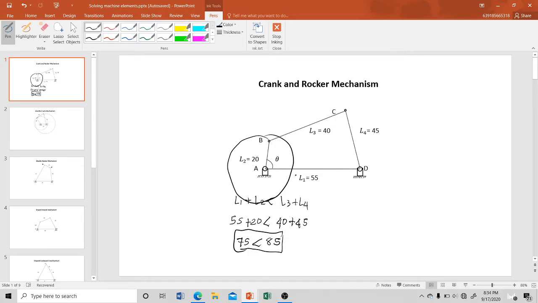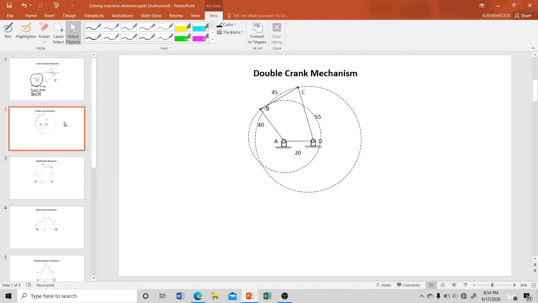And then the link CD will oscillate less than 180 degrees. It depends on the motion of its input link. So that is the crank and rocker. Next we have the double crank mechanism.